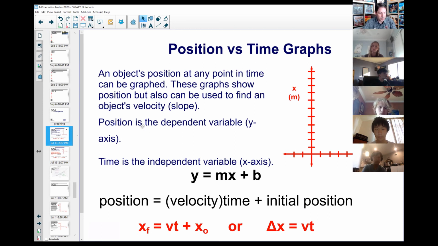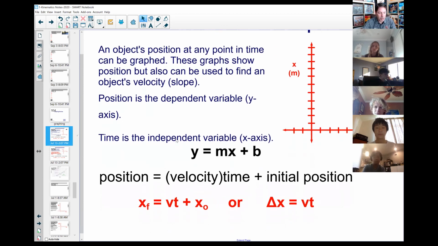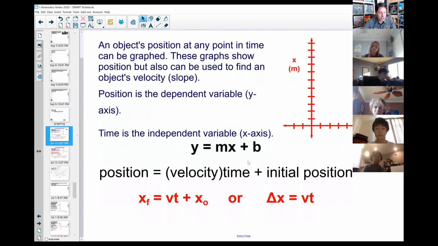You're going to make sure that your position is the dependent variable on the y-axis and time is your independent variable on the x-axis. And when you write your models, you're always going to want to make sure that it's in the linear slope intercept form, but you don't ever just write this generic form. You have to substitute, like we've done since unit 1, for y.